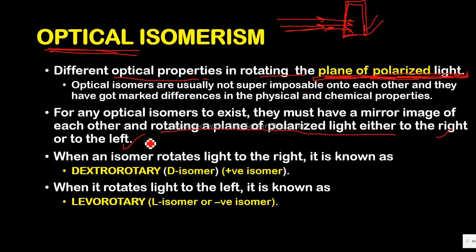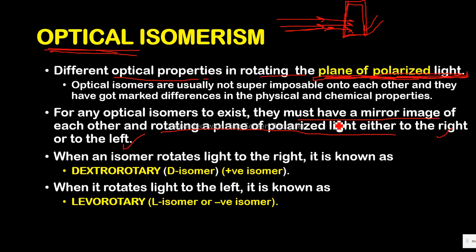So they rotate the plane polarized light either to the left or to the right. Are we together? And so you have the same atoms, same molecular formula, same structural formula.